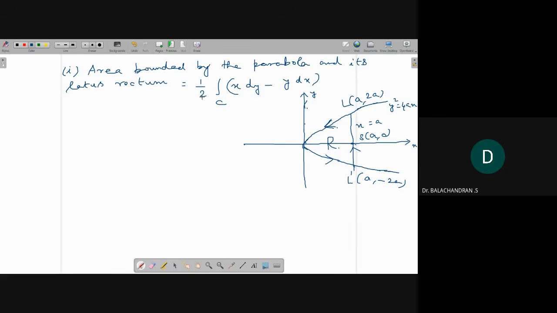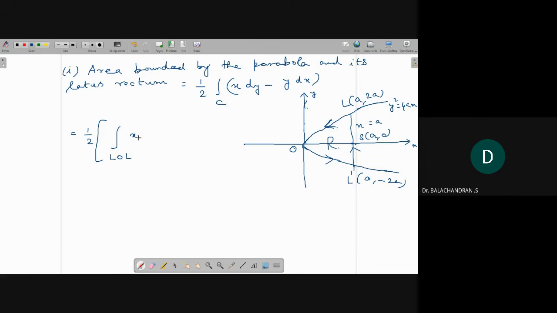Okay, so I should use this result only. So 1 by 2 integral over C. I divide the C into two parts. One is from L to O to L dash, along L O L dash.